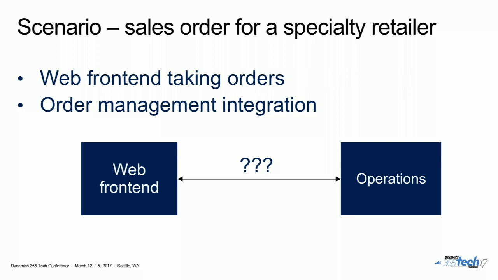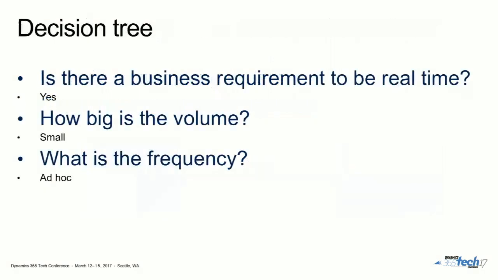In terms of their business, since they are specialty retail, they only sell to certain kinds of customers whom they call champions, and then the champions are responsible for selling to the end customer. In terms of volume, we really don't see high volume. So same, you would go through the decision tree.